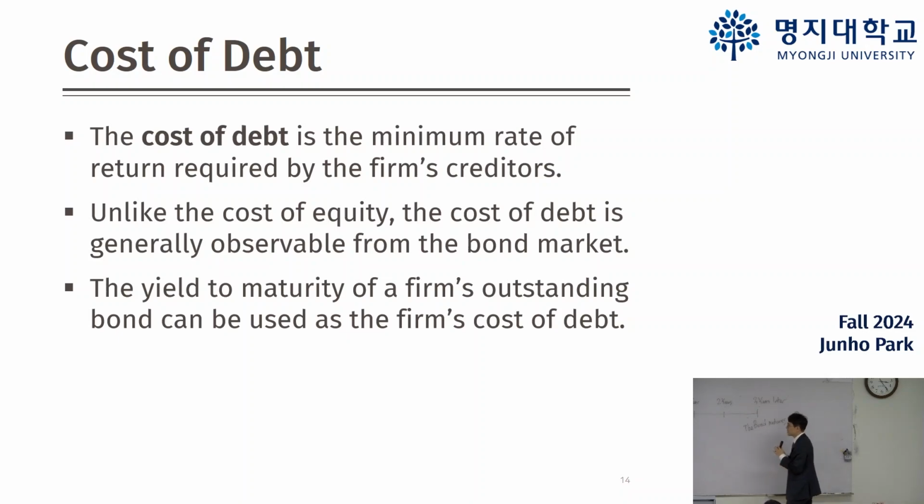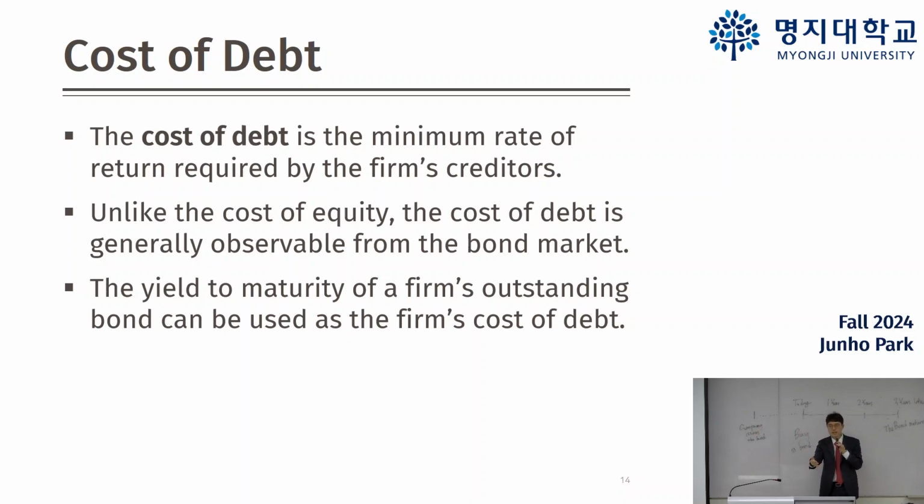So what does it mean to issue a bond? Issuing a bond means making a contract. It is making a promise. So there are two parties. There is a corporation, the company. The company is borrowing. But at the same time, there are some investors. They are giving money. They are lending money.